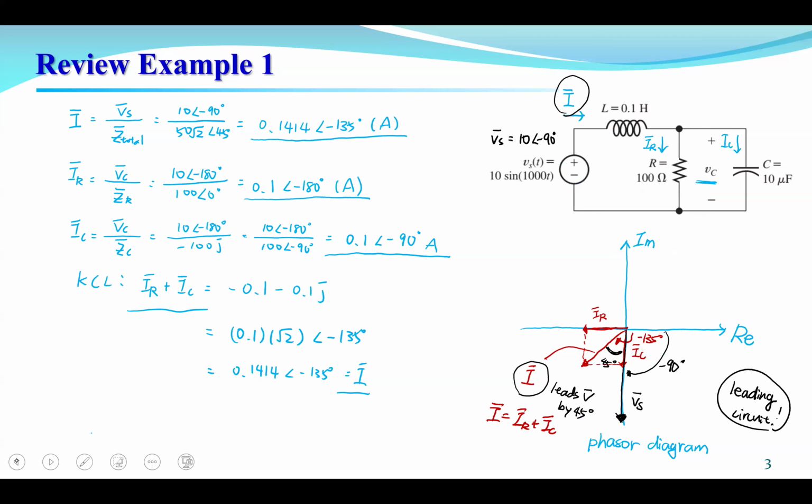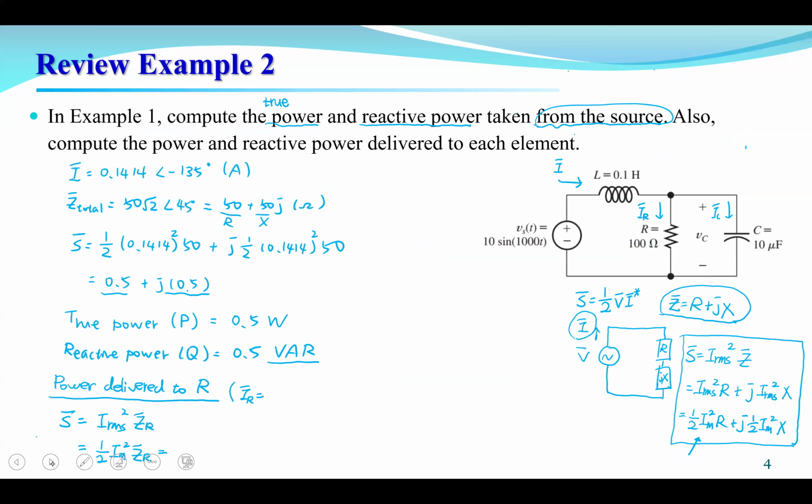We just need the amplitude, so I_m here is 0.1. It equals 1 over 2 I_m squared times R, which is 100, so 1 over 2 times 0.1 squared times 100, which is 0.5 W. So we know it's true power.